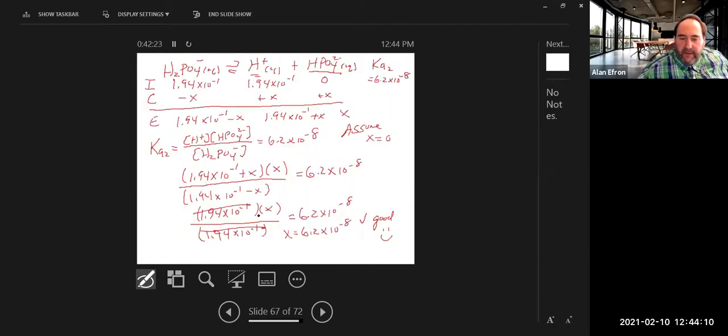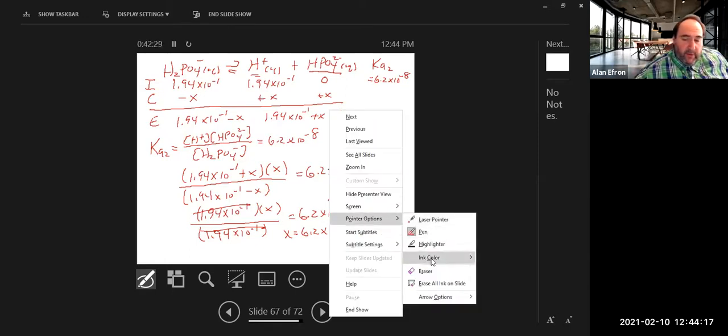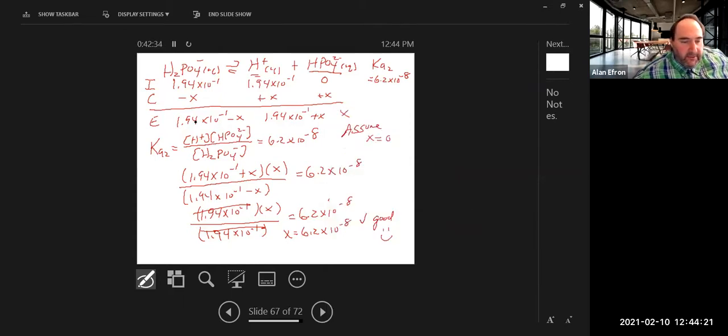Now, there's also two other things on this table. What happens to the concentration of H plus at this point when we lose the second H? And what happens to H2PO4 minus when we lose the second H? If you put your X value back into both of these places, the concentration stays the same. It really doesn't change.